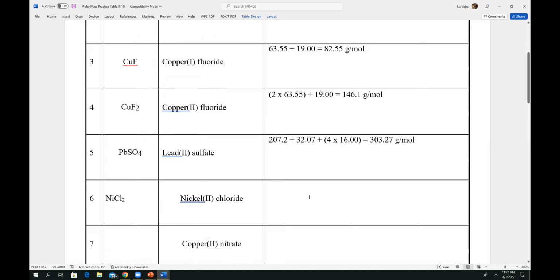All right, so nickel 2 chloride is telling me we have 1 nickel, and nickel is 58.69 plus we have 2 chlorines times 35.45, and that is equal to, well, let's see, 35.45 times 2 plus 58.69, did I say? Yeah.